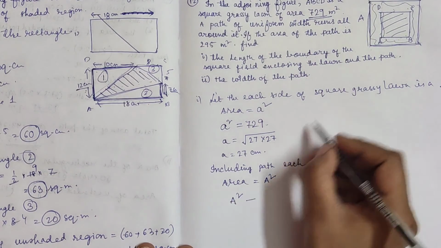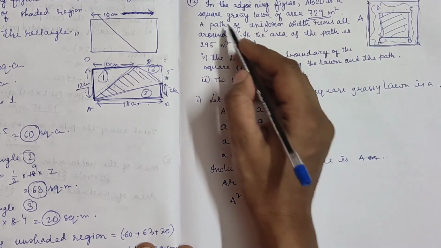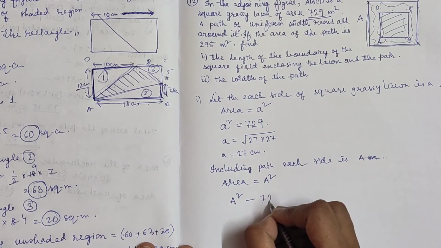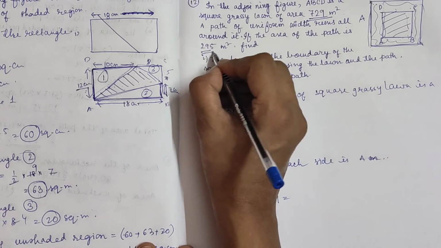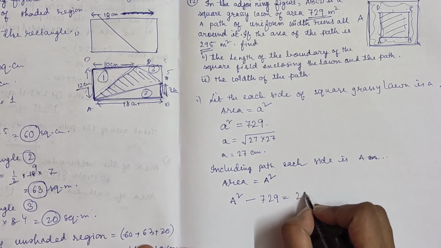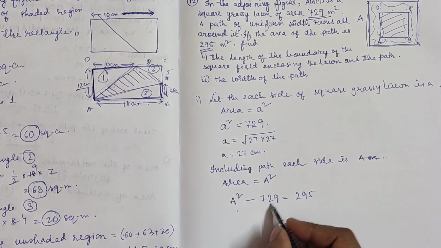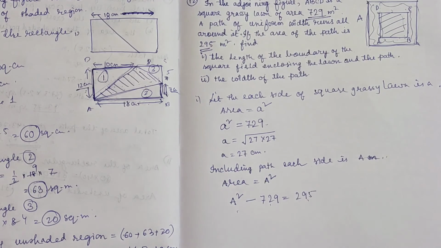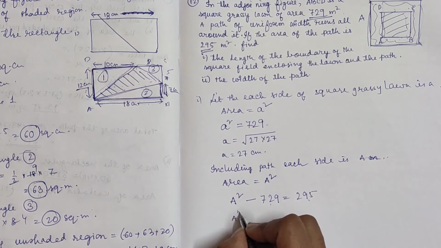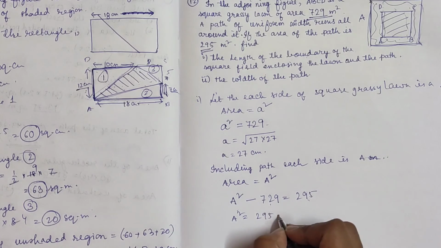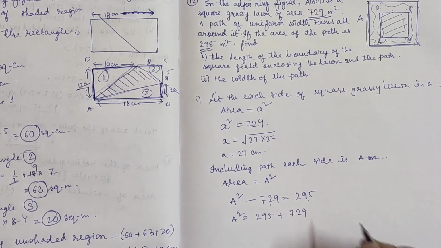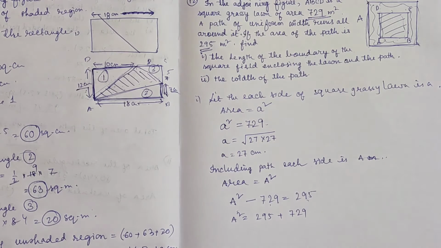The small square area is given as 729. If I do the subtraction, we get the area of the path, which is given as 295. So A square minus 729 equals 295. 729 will come here and become plus 729. So 729 plus 295 is how much?